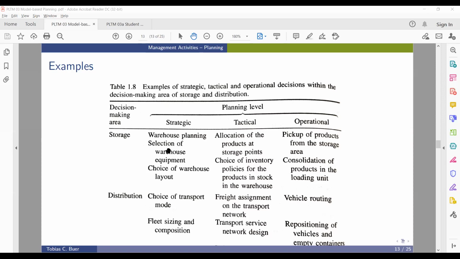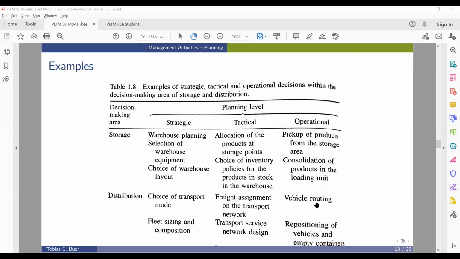Let's look at examples from the distribution category. Vehicle routing. Vehicle routing is a very important problem in logistics. It just means which of our vehicles, which of our trucks should perform which customer order, and in which sequence should the trucks visit our customers.